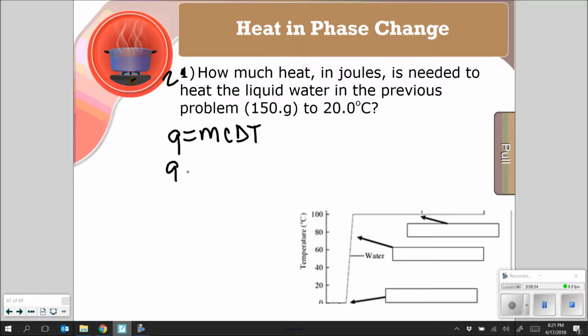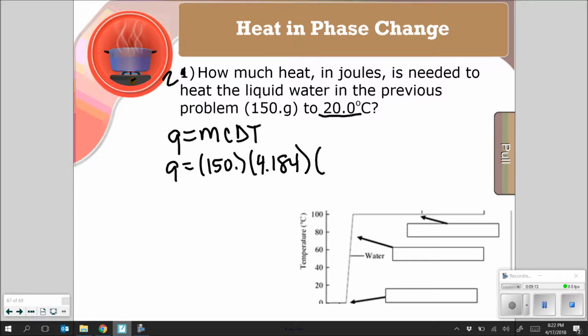So my Q value is going to be our mass times the C value for water, because we're at liquid water at this point, so it's 4.184. And for my change in temperature, it doesn't give me an initial temperature. I have the final temperature here at 20.0 degrees Celsius.